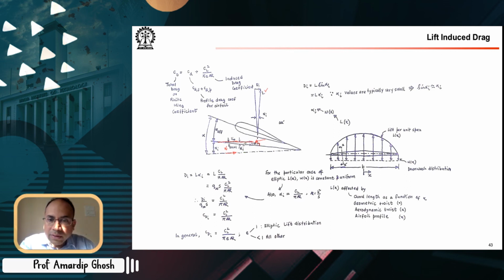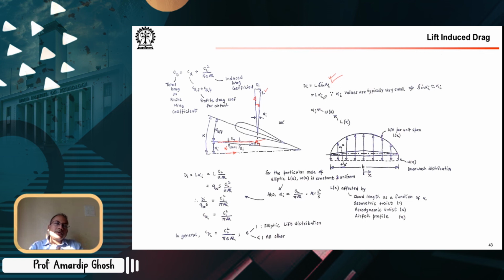So since the relative wind is tilted by alpha I, your lift, which was like this for the infinite wing, has now been tilted like this for the finite wing, because that cross section has a given circulation. Your relative wind has moved by an angle alpha I.